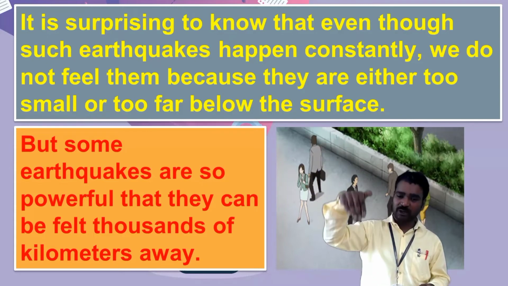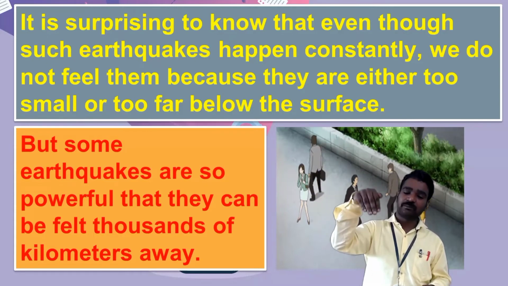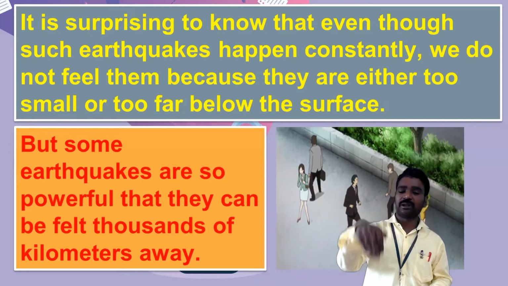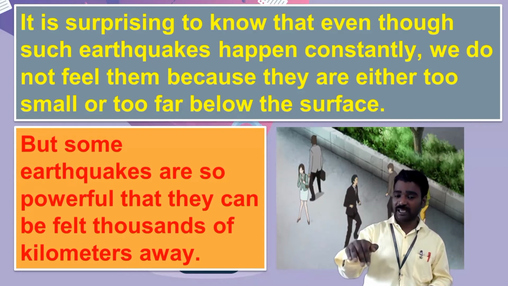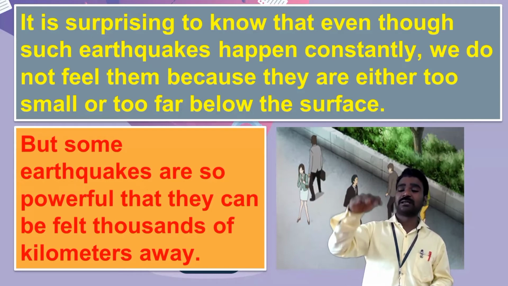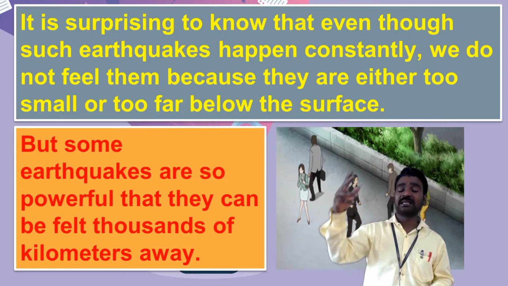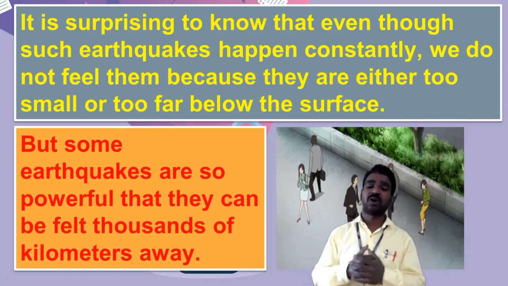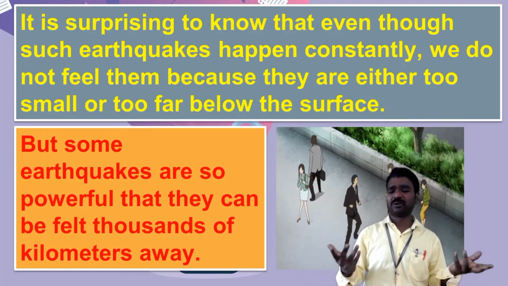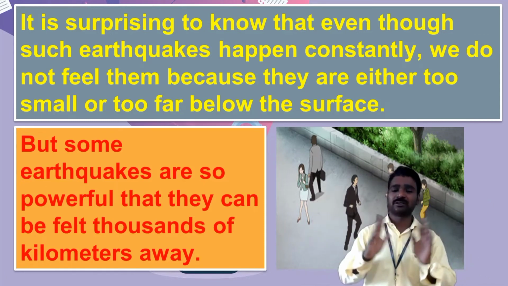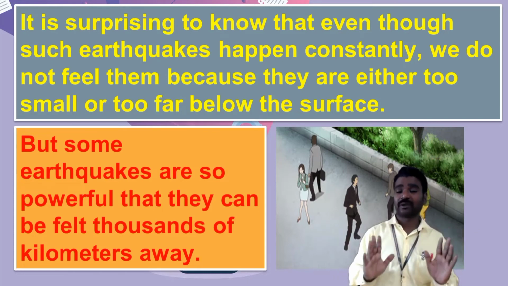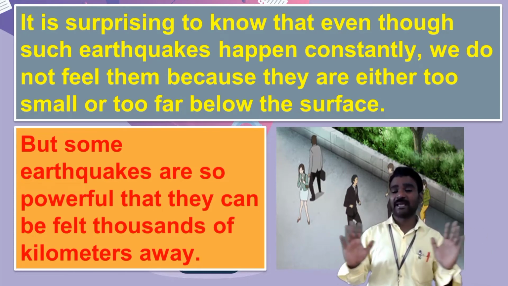The plates have collided well below the earth's surface. From there these waves travel towards the surface, but sometimes these waves may not be strong enough, so there will be no disturbance on the surface and we may not even feel the shaking of the earth.